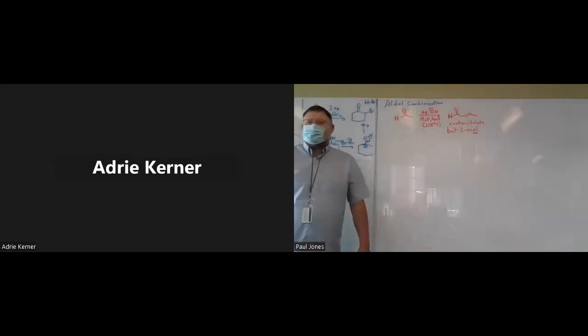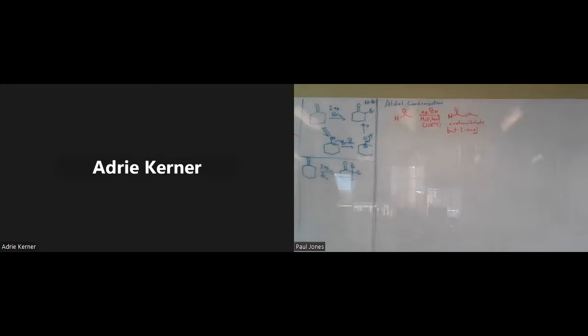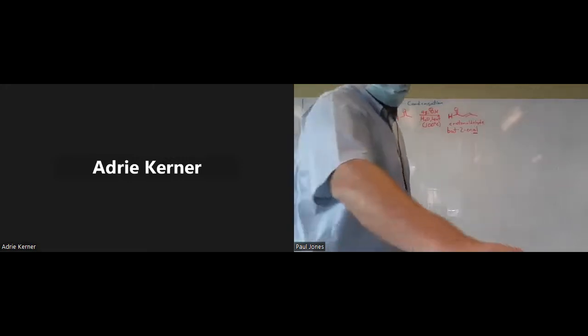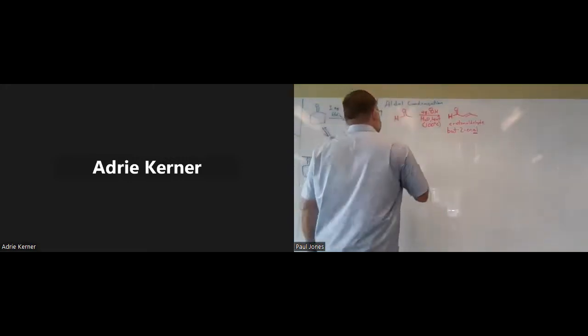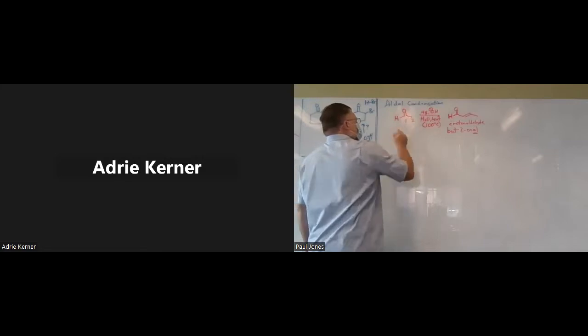So how did that happen? Anybody got any ideas on how this reaction happened? Let me do this for you. You've got this hopefully written down in your notes. You're at least figuring out what I'm thinking. So there have to be 2 acetaldehydes, right?